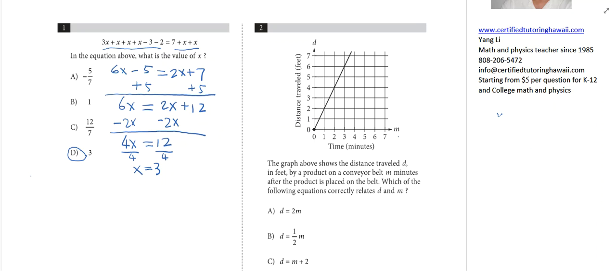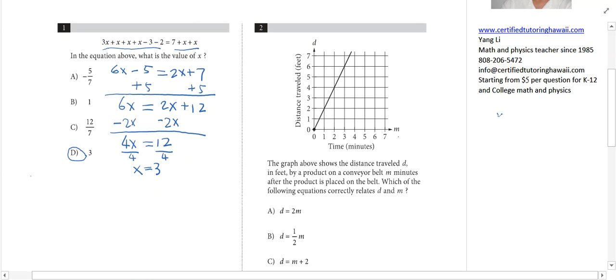Okay, let's go to question number 2. The graph above shows the distance traveled, D, in feet by a product on the conveyor belt, M minutes after the product is placed on the belt.